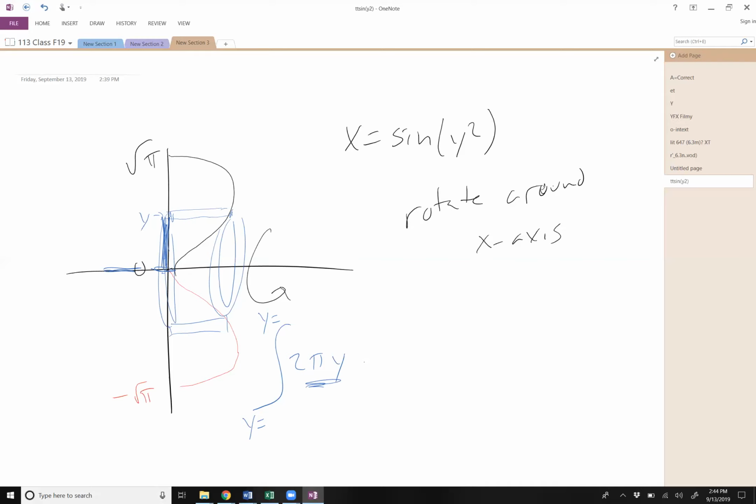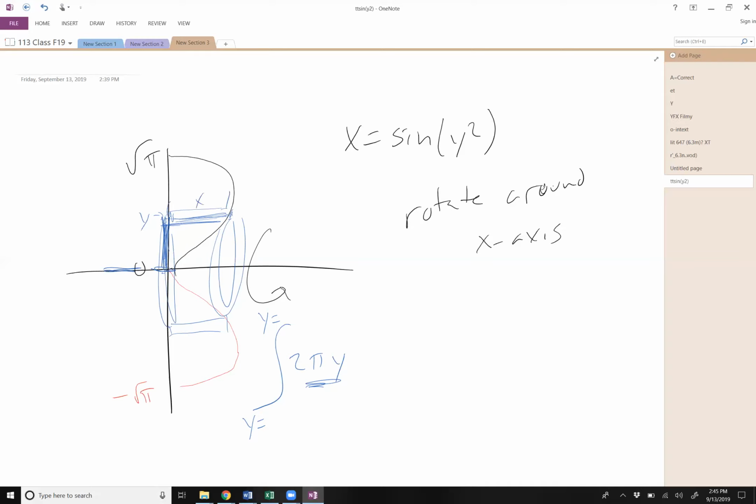And then what's my height going to be? What's the height, or in this case it looks more like a length, of my shell? What's this distance going to be? Sine of y squared. It's an x distance. How do I find that x?